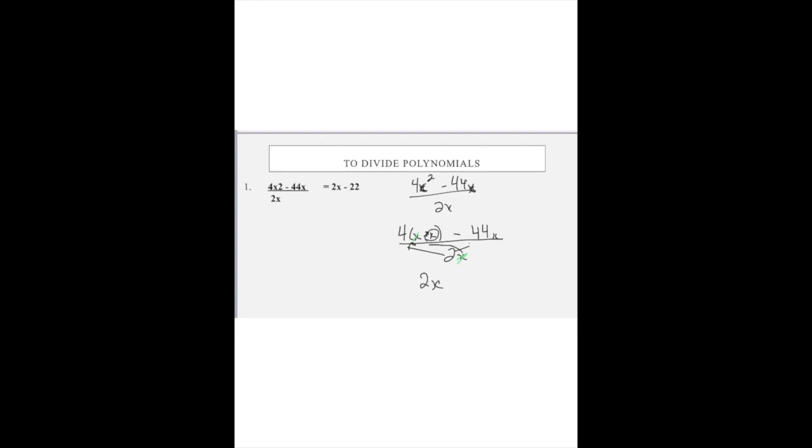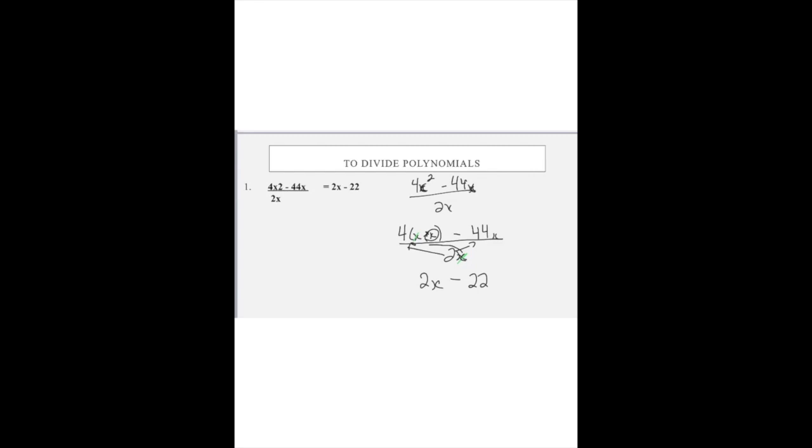Then we have to turn our attention to the other side of the polynomial, and we get minus, we have to divide 2 into 44, so 2 times 22 gives us 44. And then we have to deal with these x's again.